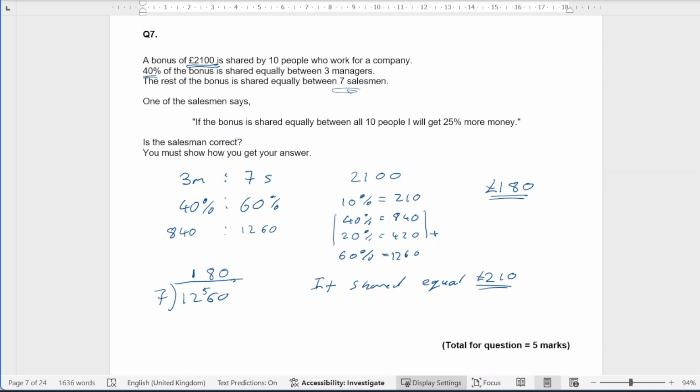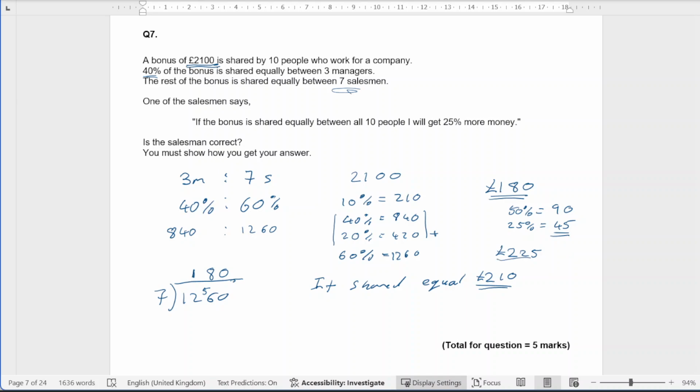So I need to say, if the full amount is 180, half the amount, or 50%, would be equal to £90, and 25% would be equal to half of that, £45. So 25% more of this value would take me to £225.